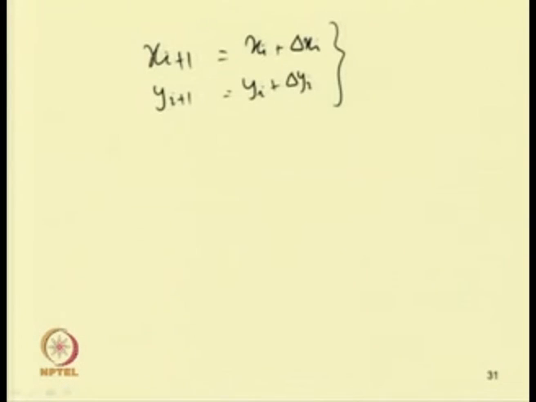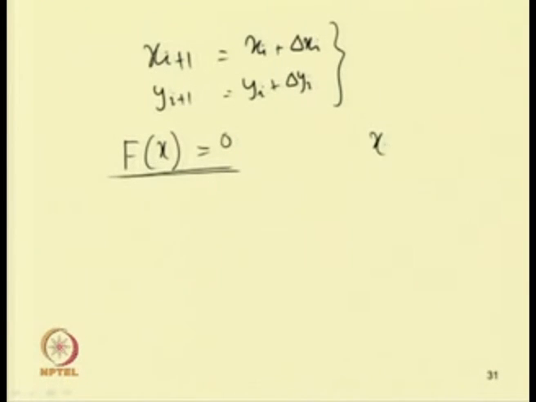So, let us take an n degree of freedom system. In case of an n degree of freedom system, one can write the general equation in this form, that is f(x) equal to 0, where one has to find this x value.